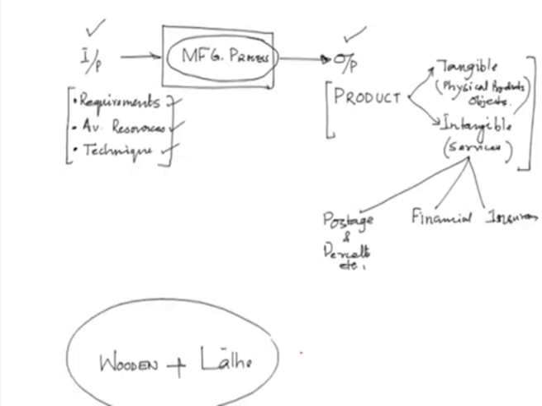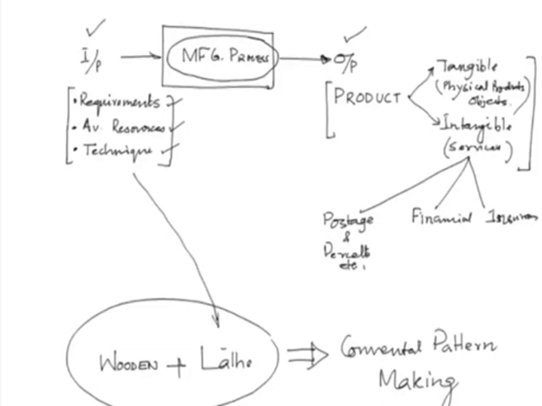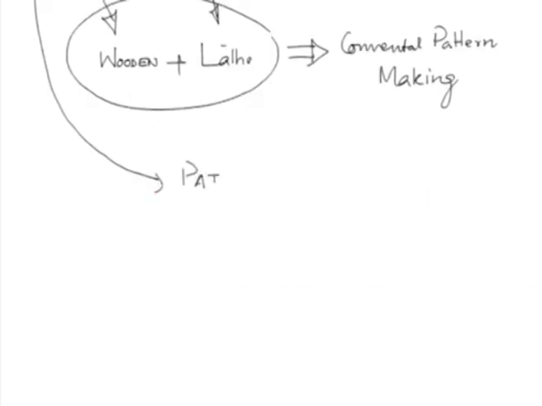Then probably I will go for the conventional pattern making procedure. However, I am taking this considering the technique, that is the lathe machine I have available, and the available resources, that is wood, and my requirement is that I need a pattern.